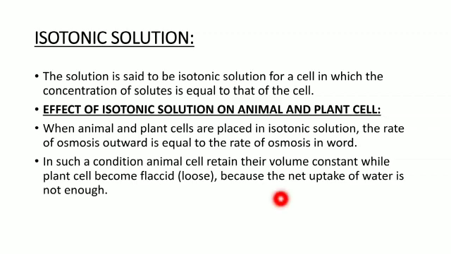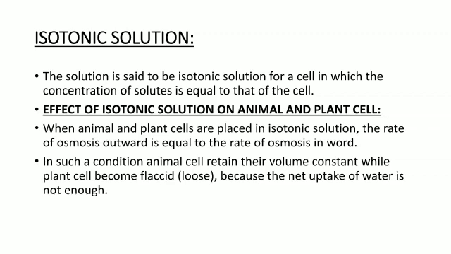So dear students, the next type of solution is the isotonic solution. The solution is said to be isotonic when the solution and the cell have the same concentration of solutes and water inside and outside.